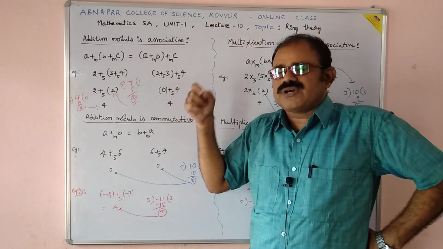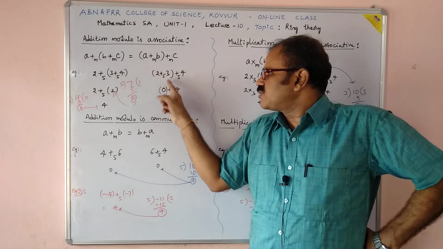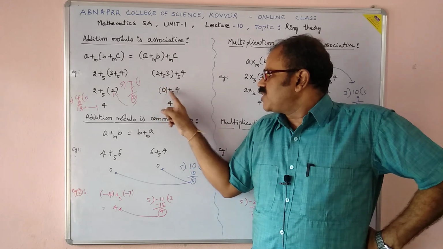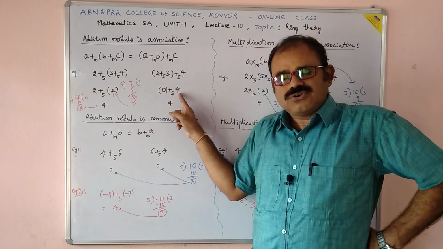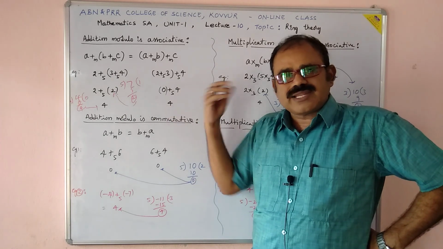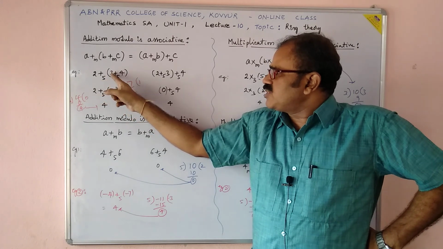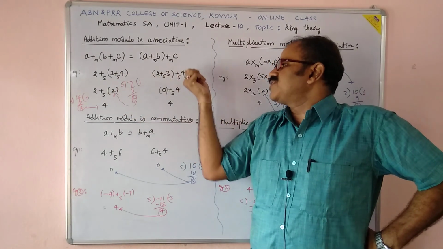Divide 5 with 5. 5 ones are 5, the remainder is 0. Therefore 2 addition modulo 5 3 is 0. Then 0 addition modulo 5 4: 0 plus 4 is 4. Divide 4 with 5, the remainder is 4. So (2 addition modulo 5 3) addition modulo 5 4 is 4.